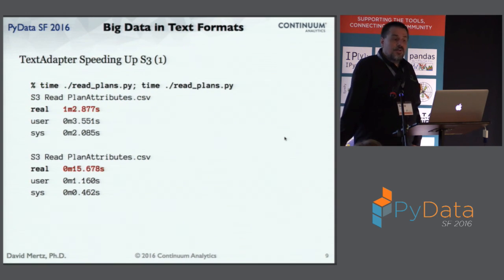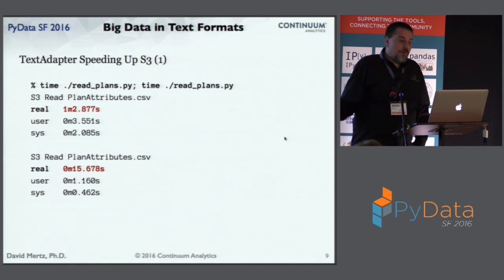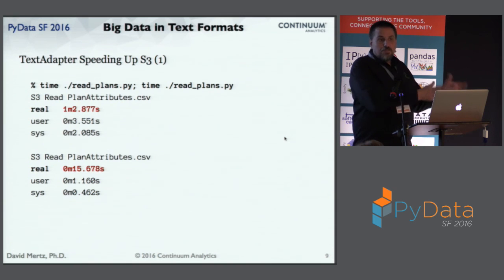So for example, this is what I ran on my computer: I ran the little script to read the plans. I did it once, I did it again, and I go from taking 1 minute to taking 15 seconds. So a 4 times speedup here. If this was a larger data source, it would be a larger speedup. But I'm still going to be somewhat limited because the way S3 works in particular has blocks of data.